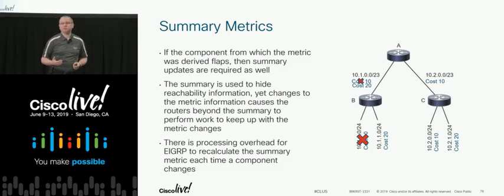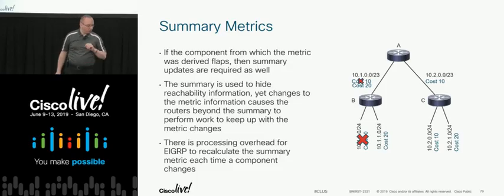This is typically useless because unless you summarize on multiple points from a certain area, the metric of the summary has no meaning because it's never going to be compared to anything else. You just consume CPU cycles and advertise a changed route that doesn't change in the next hop, doesn't change in the prefix, it just changes in the metrics itself.